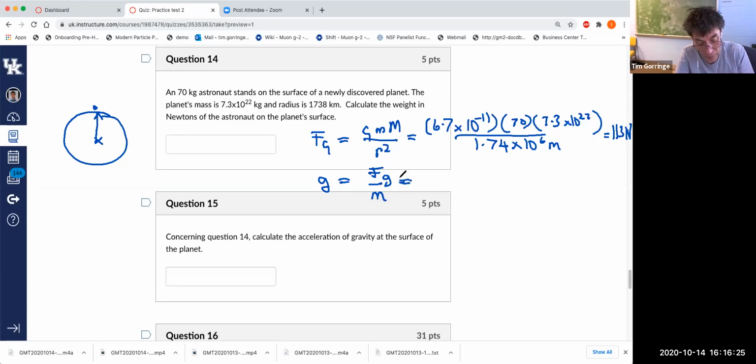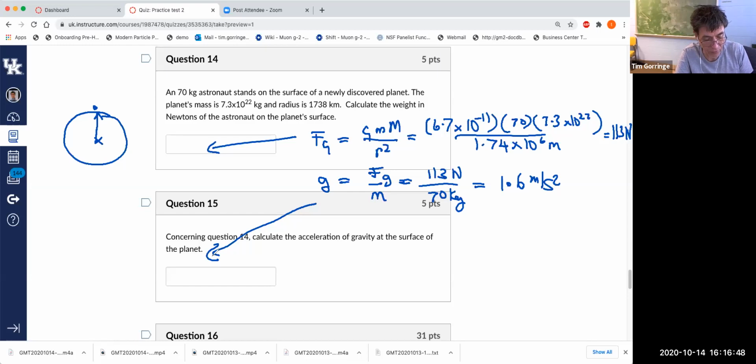All we've got to do is divide this 113 newton force by the astronaut's mass, 70 kilograms, and that comes out to be 1.6 meters per second squared. So the force is the answer to 14. Acceleration of gravity is the answer to 15. And we did it with the universal law of gravity, and also understanding the relationship between gravitational force and gravitational acceleration, which is really Newton's second law.